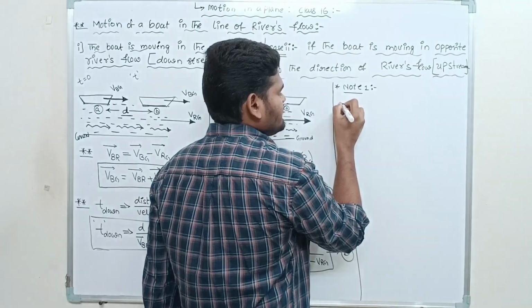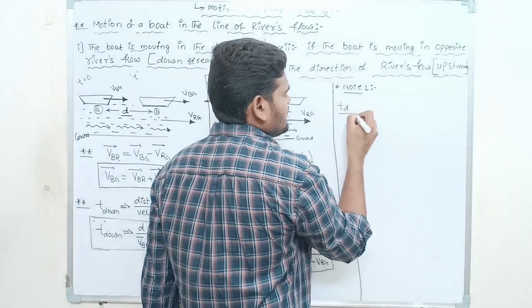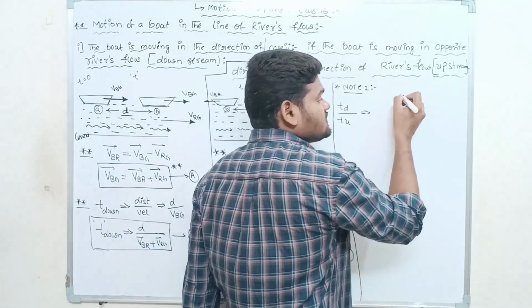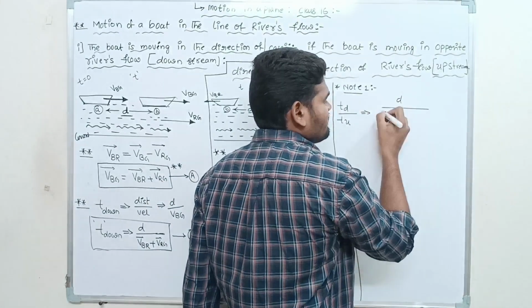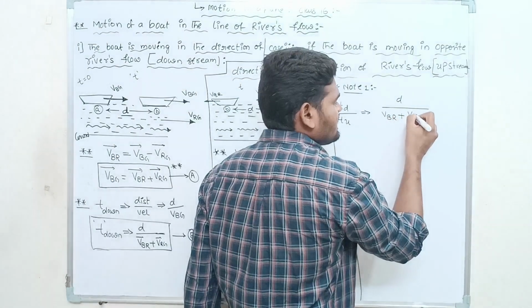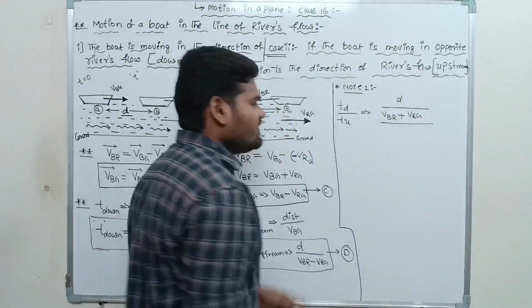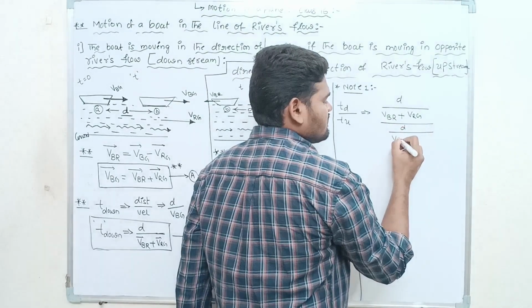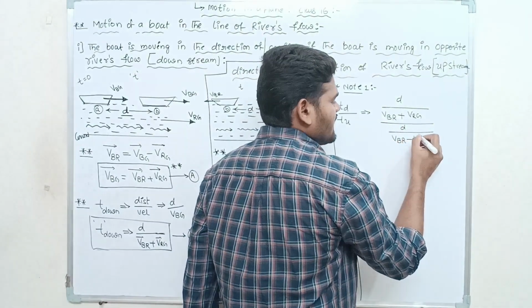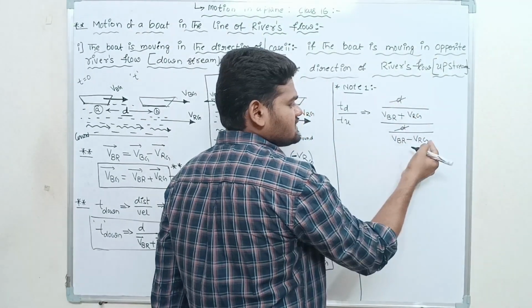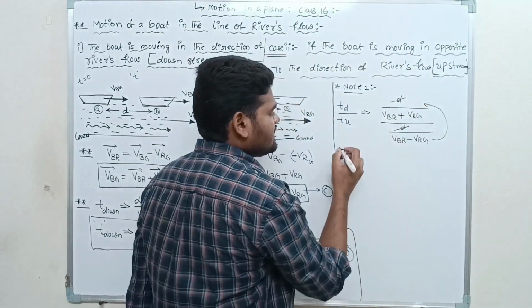Right. Note number 1: time of downstream divided by time of upstream. What is time of downstream? d by velocity of boat with respect to river plus velocity of river with respect to ground, divided by time of upstream, which is d by velocity of boat with respect to river minus velocity of river with respect to ground. d gets cancelled out and this term goes to the numerator.